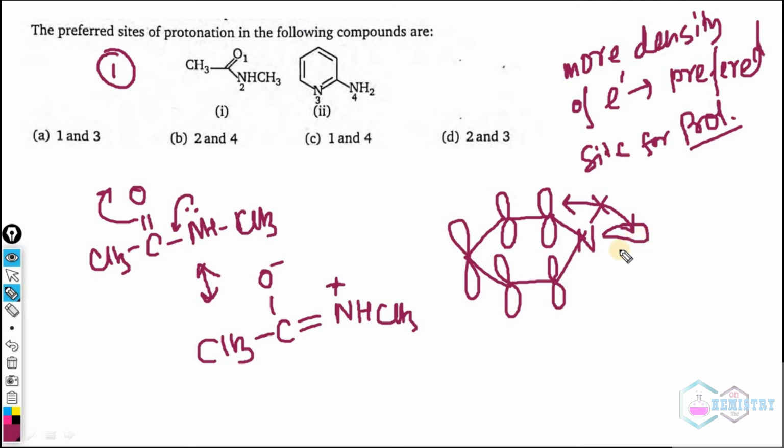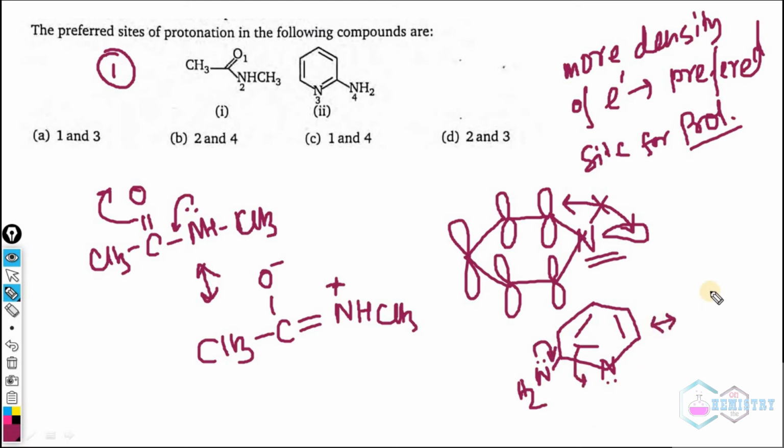This lone pair can never take part in the resonance, but the adjacent nitrogen can easily donate electrons to increase the electron density on the pyridine nitrogen.